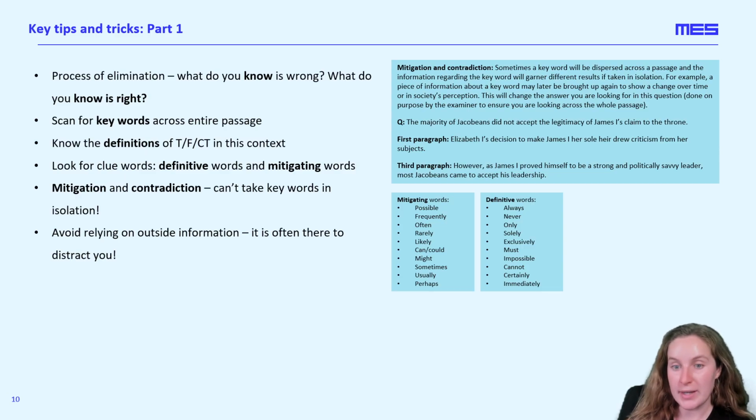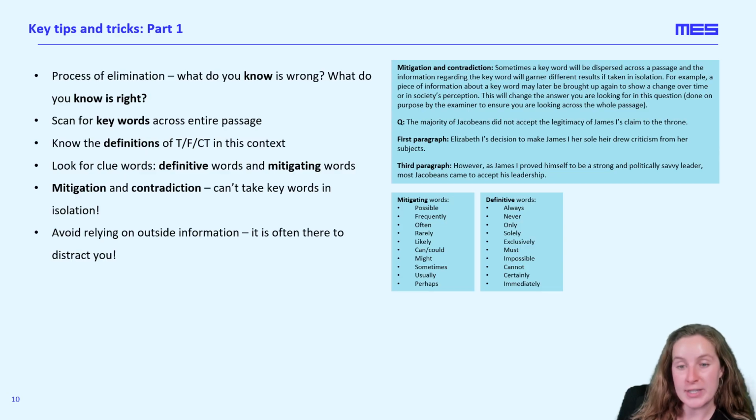You also want to keep in mind mitigation and contradiction. So you can't take those keywords in isolation. When I said you need to not just look at the first instance of a keyword that you see, but rather scan the text and make sure that keyword doesn't reappear later, because the information around the keyword may change over the course of the passage.